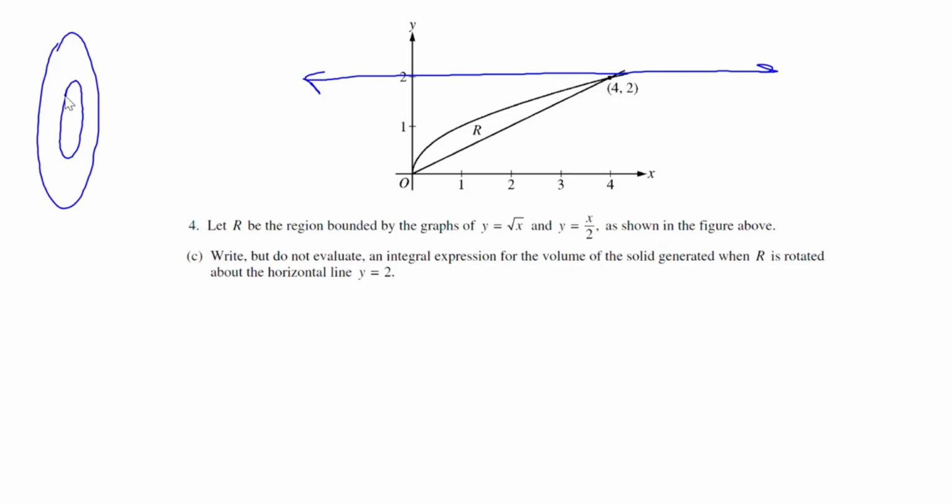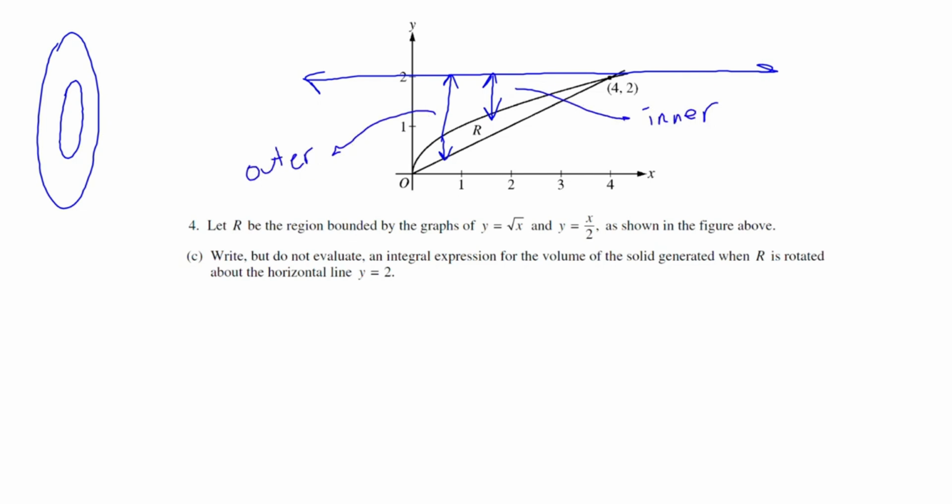And the radius of the outer circle is just going to extend from the line we're revolving around to the bottom of the region. And our inner radius is going to extend to the top of that region. Right? So this is going to be our inner radius. And this one is going to be our outer radius.